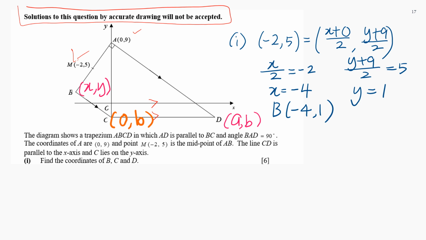And in this case here, I think it will be easier to find point C because we are able to find the gradient of AB, which turned out to be 2.